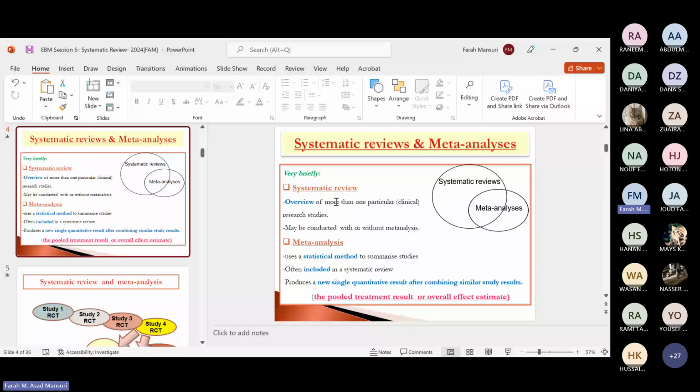Some studies are saying that the survival is more than 2 times in stage 3. Some are saying that it is less. So then we combine the results and apply the meta-analysis, and it will give us one single quantitative result, and that is known as the pooled result or the overall effect estimate.